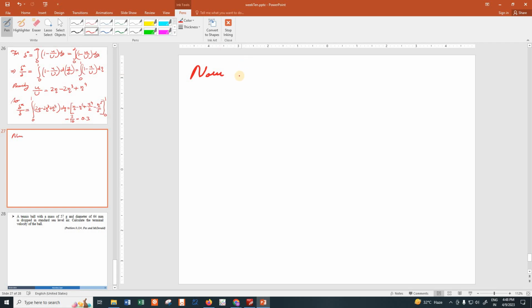Now for momentum thickness, what we can do is the integral from 0 to infinity.